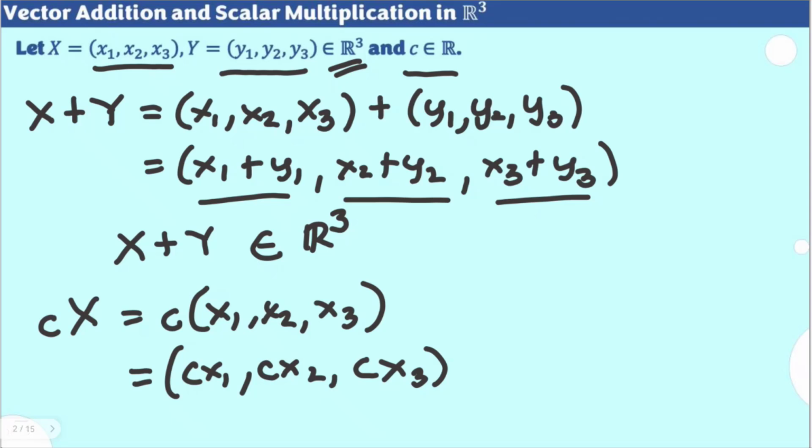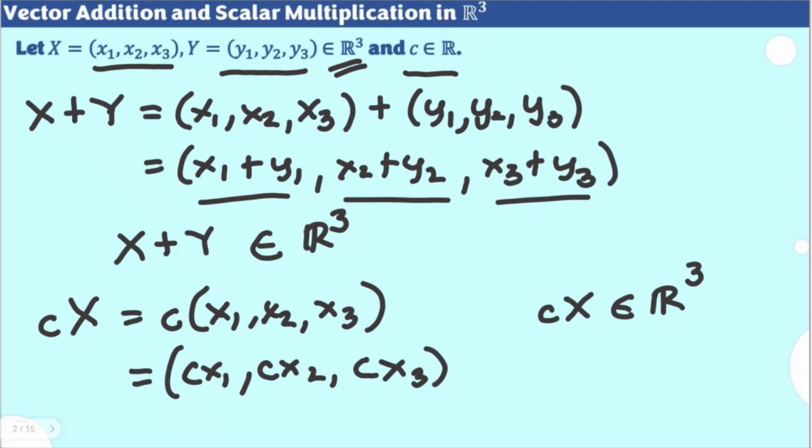This is the result when we multiply a certain scalar to any vector. This is also true if we multiply the same scalar to the second vector, which is y. Similar to our vector addition, we can see here that cx, provided that x is an element of R3, is still an element of R3.